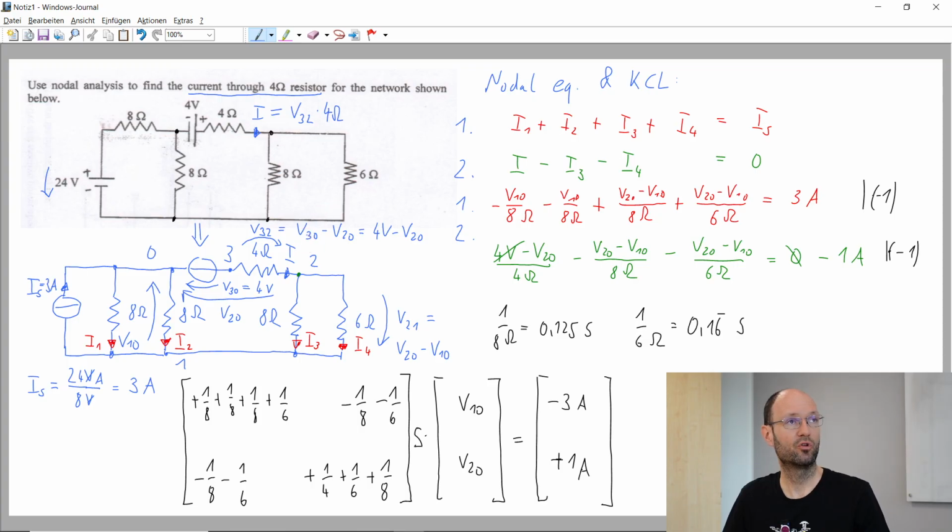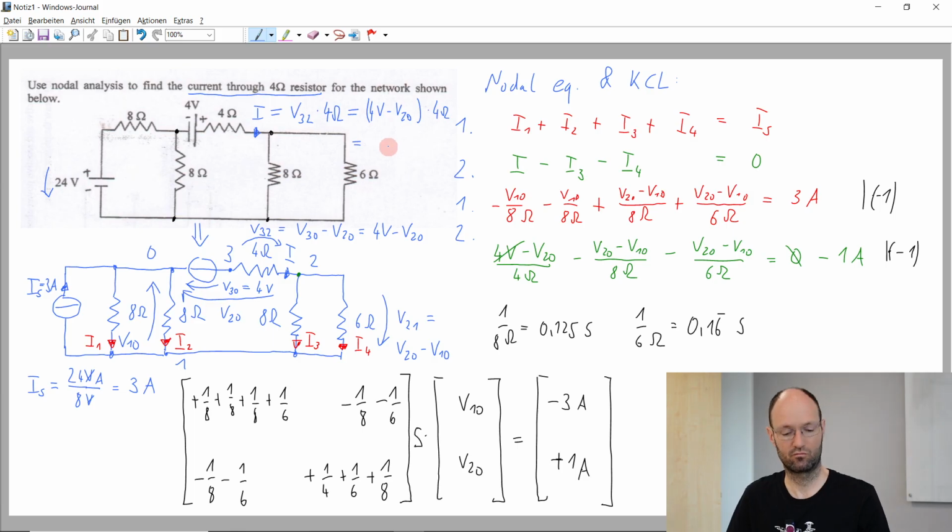So, yeah, it's the 4 volt minus V2, or the second nodal voltage, and then multiplied with 4 ohm.